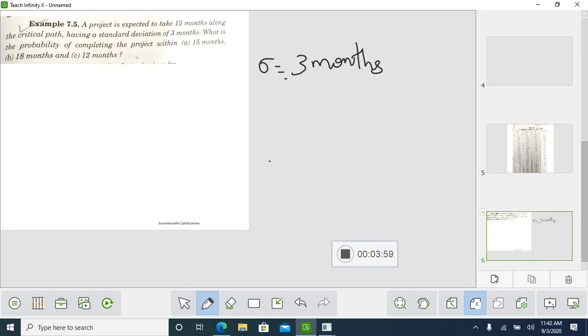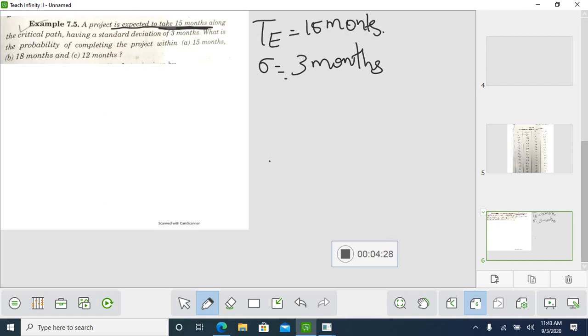The expected time is 15 months, that is capital T equal to 15 months. So they have given the expected time and the standard deviation.